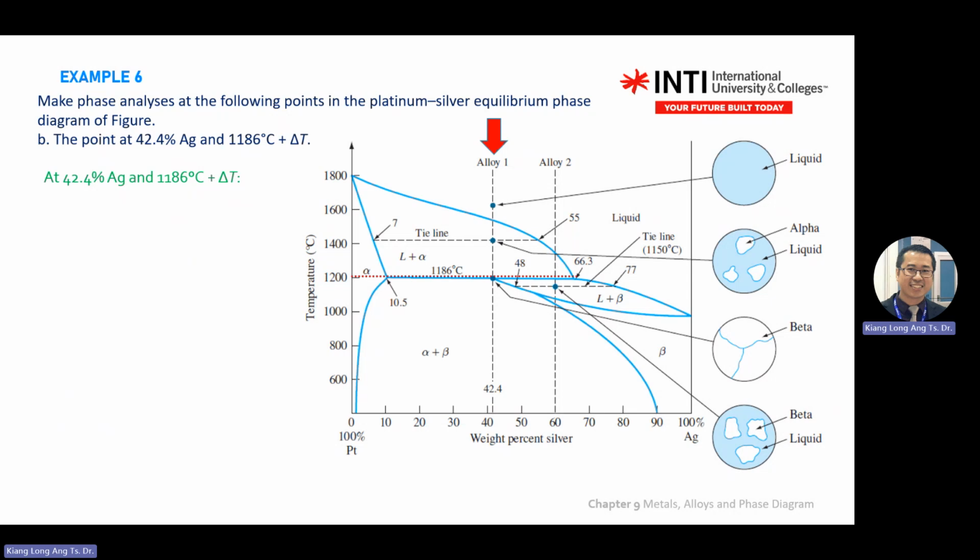So you look from there, just above the T, just above the line. So you just go to the line, shift your horizontal line up a little bit. You will see 66.3 on the liquid side, and here is about 1,200 degrees, and about 10.5 there.